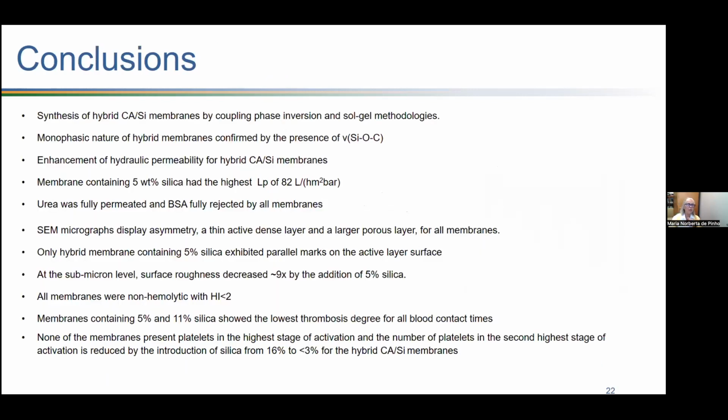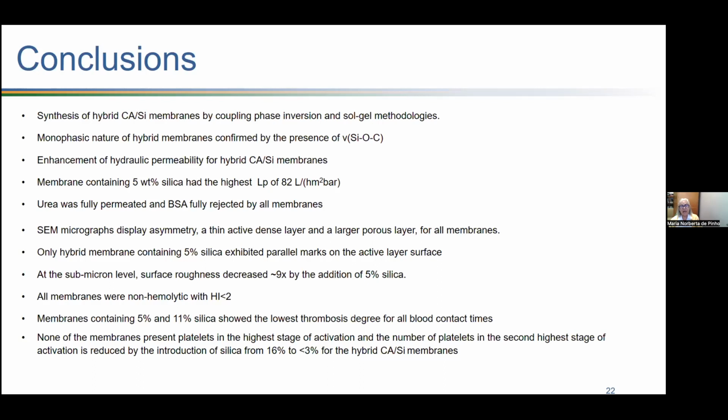I will not go through the conclusions, because I am probably getting close to my time, but I will just reinforce that we have membranes that fully permeate urea as a model of a toxin, and fully retain BSA.